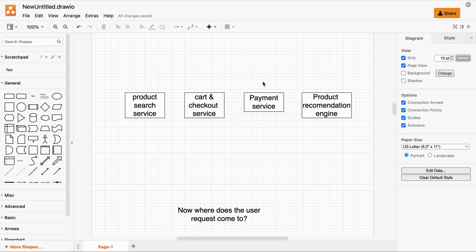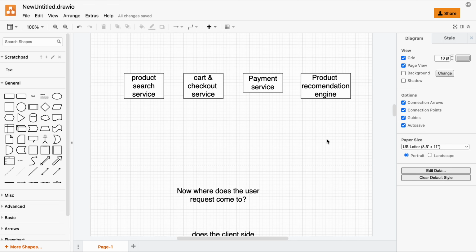Big e-commerce platforms like Flipkart and Amazon work at a very high scale that requires them to use this architecture.